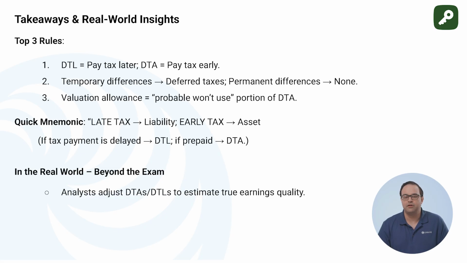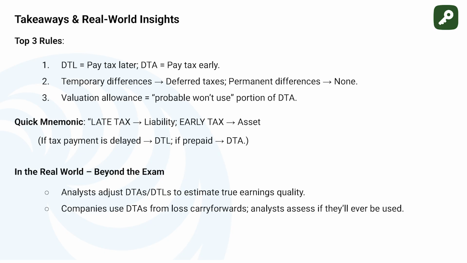Deferred tax liabilities increase the leverage profile of a company and are a negative from a liquidity and cash flow standpoint going forward. Loss carry forwards create deferred tax assets, and analysts should be careful to ensure that the firm has enough profitability and is able to utilize the deferred tax assets going forward.